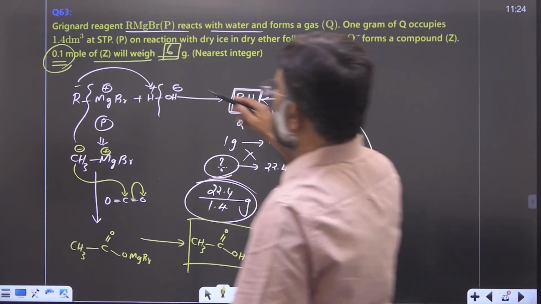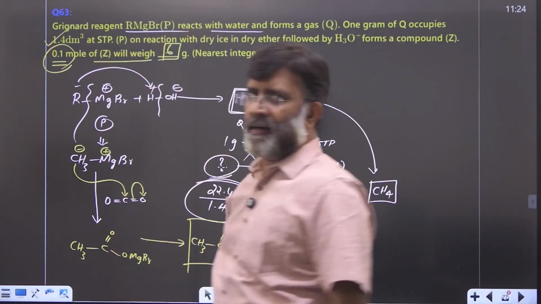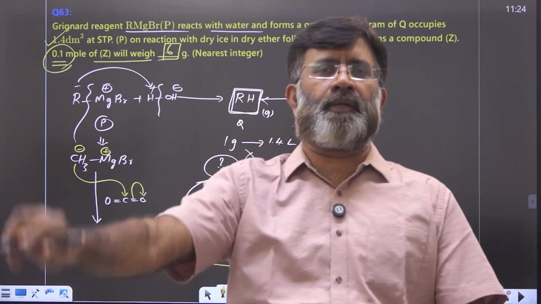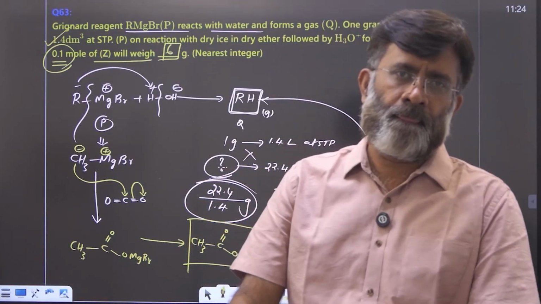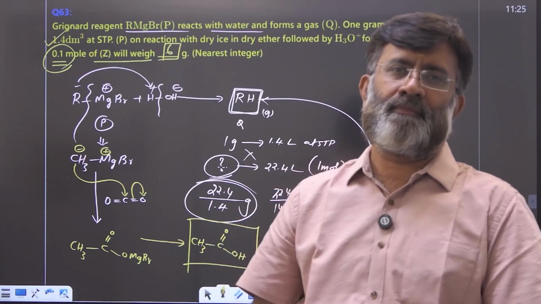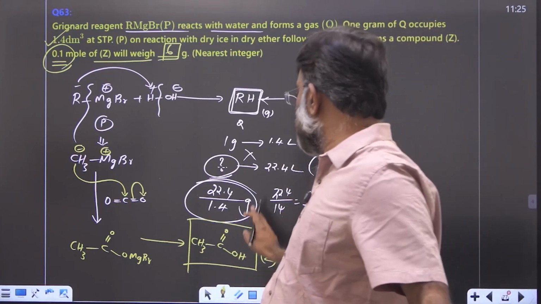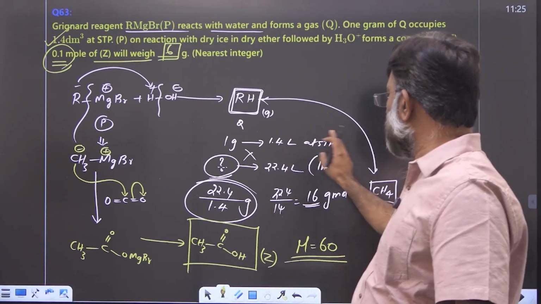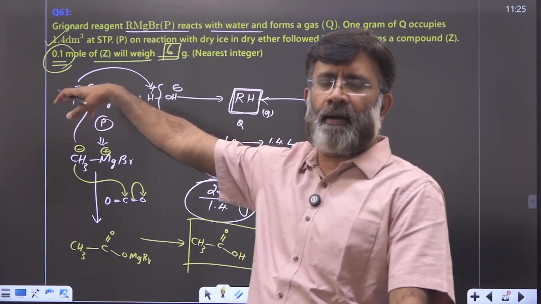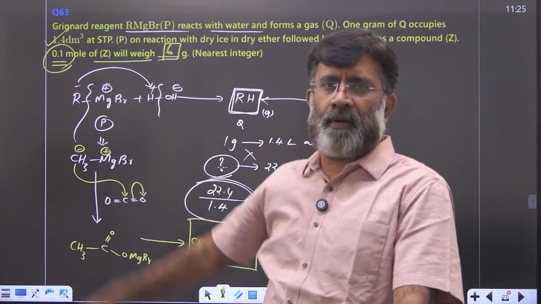So from this data, we understand the Grignard reagent is methyl magnesium bromide, and we understand the compound Q is methane. We understand from this calculation, and thereby we understand the Grignard reagent is methyl magnesium bromide.